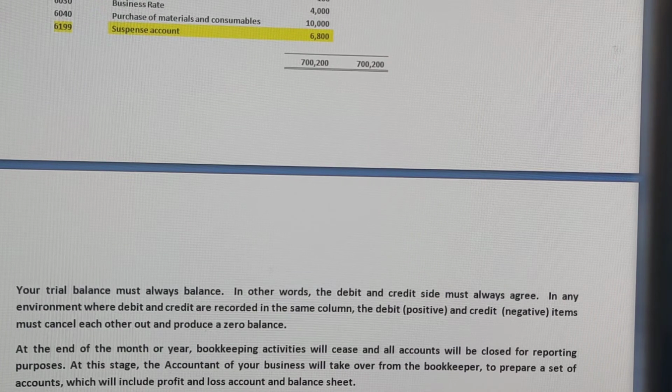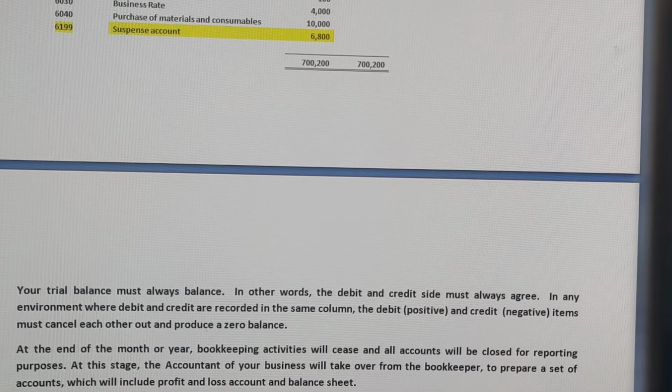Now, at the end of every month or every year, bookkeeping activities will cease, and all accounts will be closed for reporting purposes. It is at this stage that the accountant will take over from the bookkeeper. He or she will take over in order to produce a set of accounts: profit and loss account, balance sheet, cash flow statement, and so on.